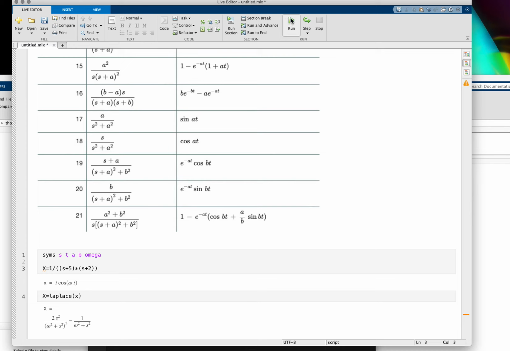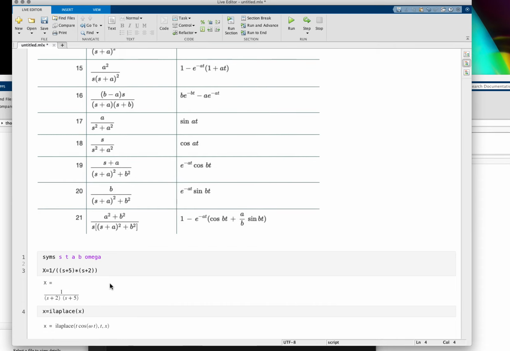When I run this, I want to get the inverse Laplace transform. I'm given this Laplace transform, and I want to get back in the other direction. So I put ilaplace, where the i is for inverse, and we rerun this and see what happens.